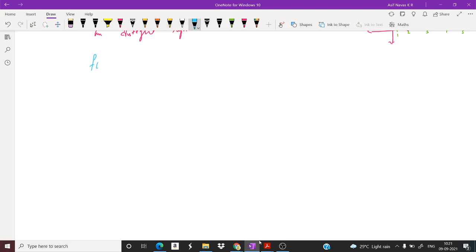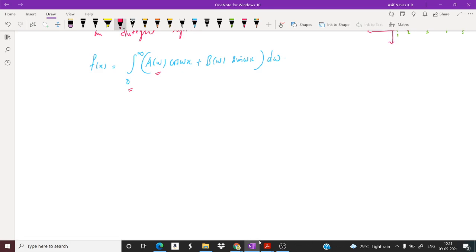f of x is equal to integral 0 to infinity of a of omega cos omega x plus b of omega sin omega x d omega. So instead of the summation, here it is integration.